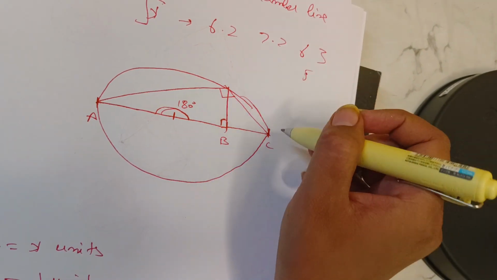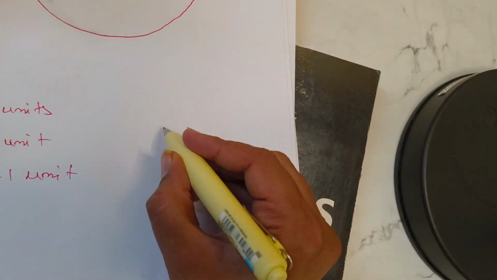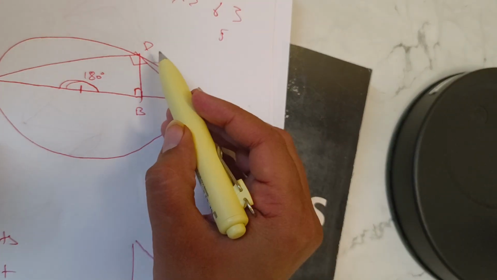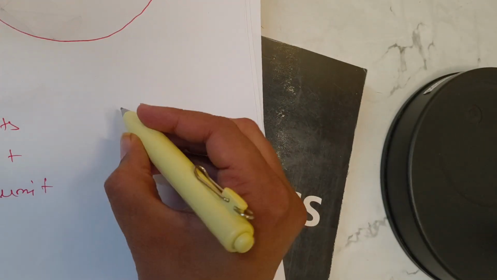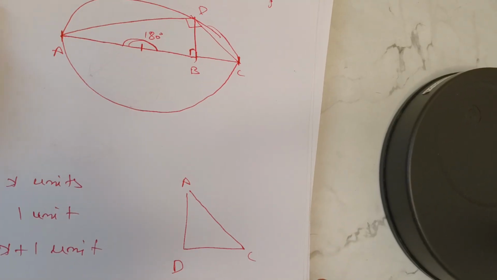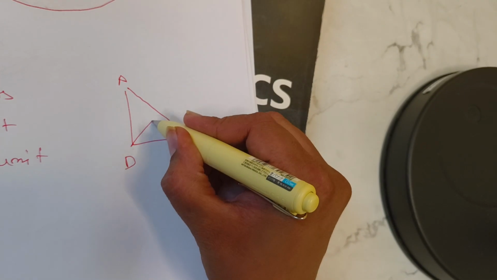Now see, we have a right angle triangle A, C and D. Let's draw it here. We have a triangle like this. Here the right angle is D, and we can name the others A and C. And from D we have a perpendicular like this.